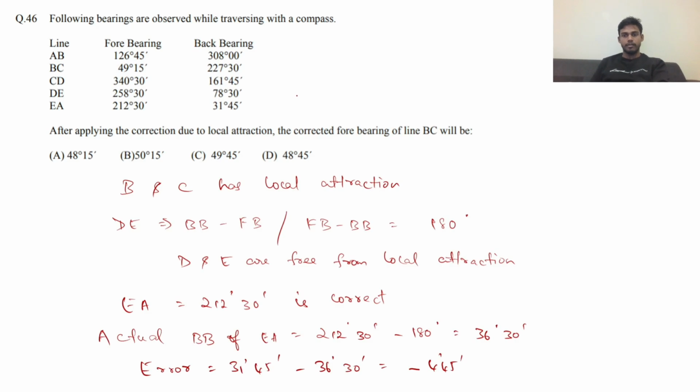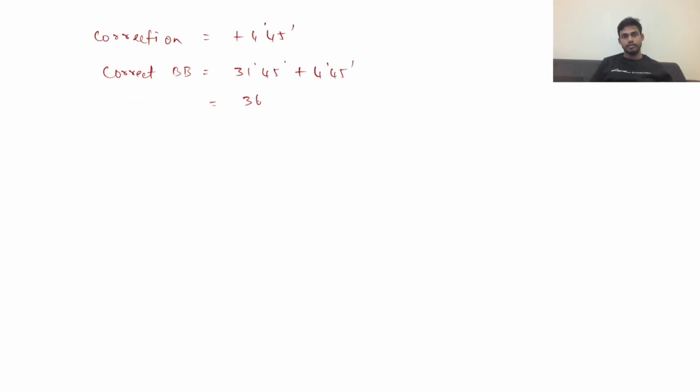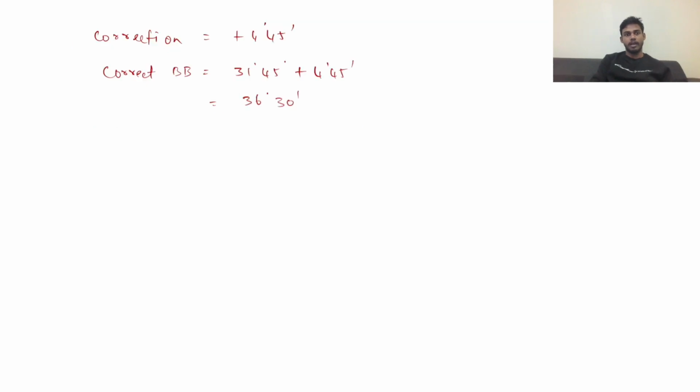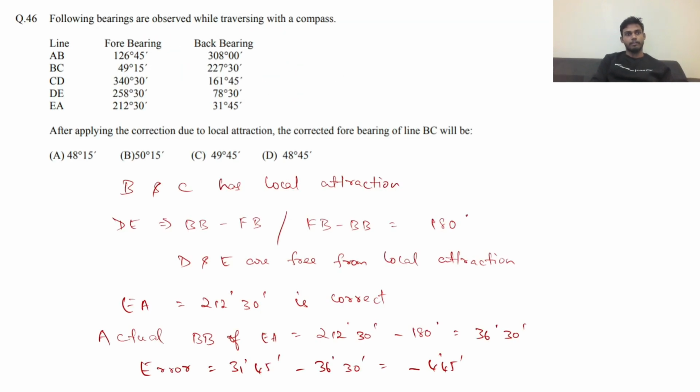So the correct back bearing is equal to 31 degrees 45 minutes plus the correction of 4 degrees 45 minutes, which is 36 degrees 30 minutes. 36 degrees 30 minutes is the correct back bearing. Therefore the correction applied is plus 4 degrees 45 minutes at A.